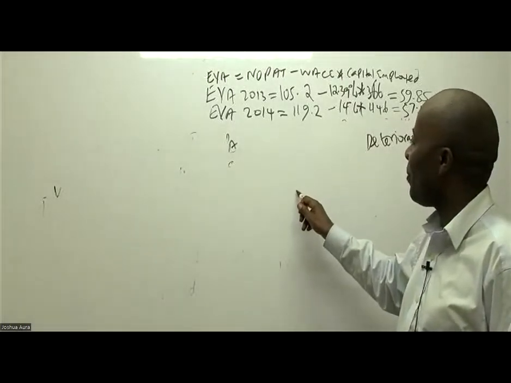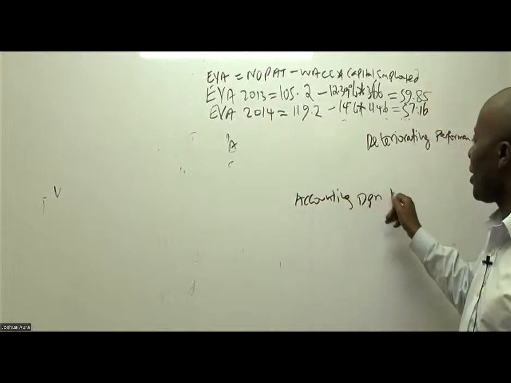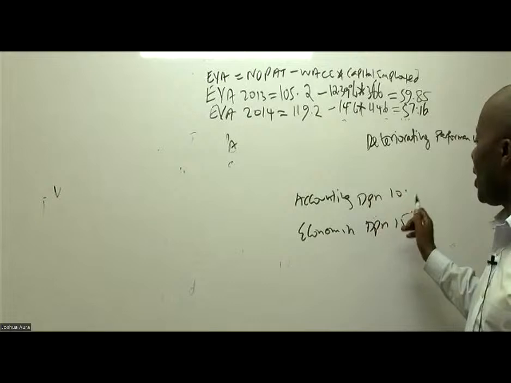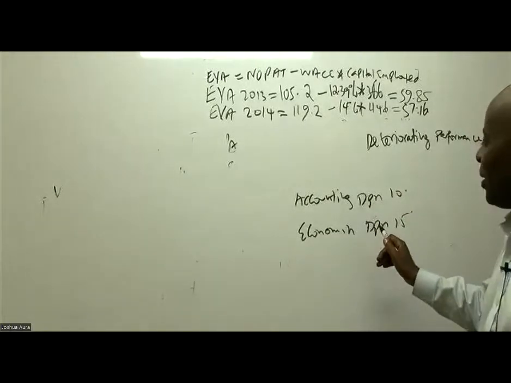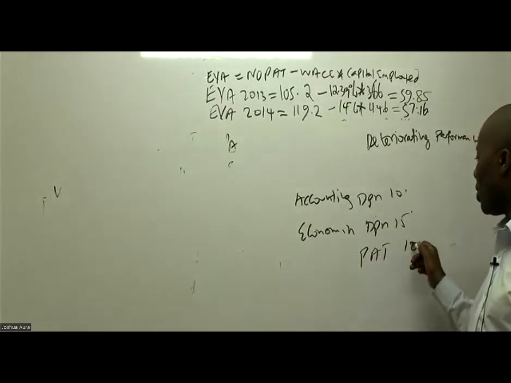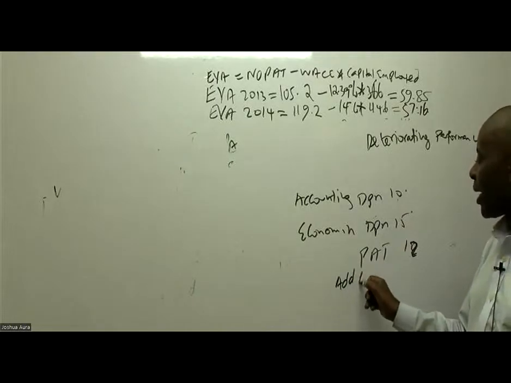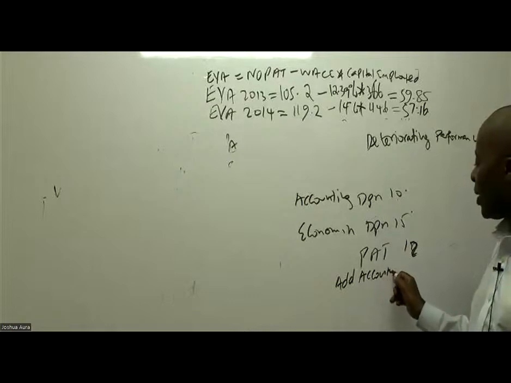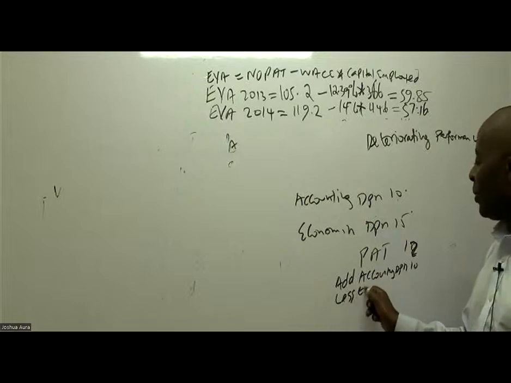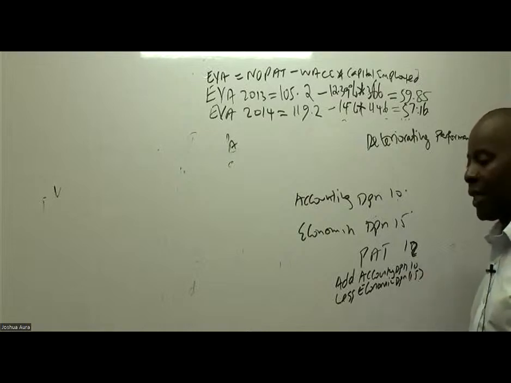If, for example, they told us that accounting or book depreciation is 10, and economic depreciation is 15, then in my profit after tax I would add back accounting depreciation, because it's the bad one, 10, and then deduct economic depreciation, 15, if they're different.